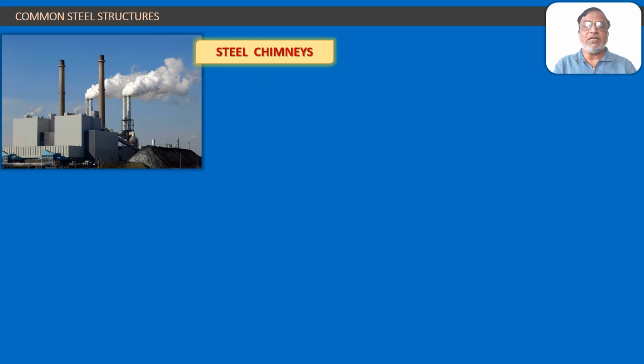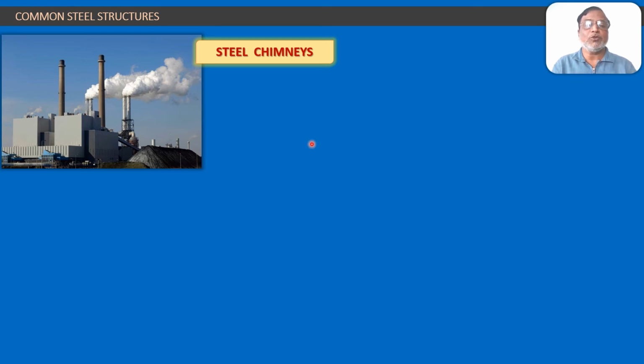Friends, the next common steel structure is a steel chimney. All of us are familiar with this picture. Industries produce some harmful gases, and those gases are required to be released at a height in the atmosphere so that they don't affect the life around.